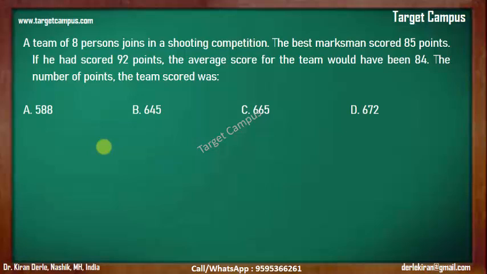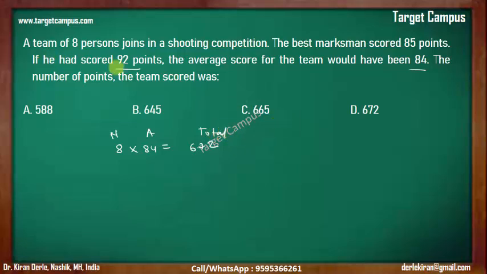If he had scored 92, the average of 8 would have been 84. So what would be the total in this case? 8 4s are 32, 8 8s are 64, 672 would have been the total, right?